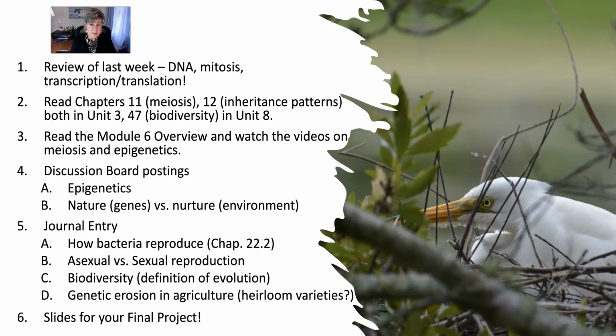And I will discuss that in an upcoming slide in just a second. And how does sexual reproduction lead to a tremendous amount of biodiversity on a genetic level, but also species-wise, etc. So if you talk about biodiversity, you also need a good definition of evolution, because biodiversity is important for evolution.